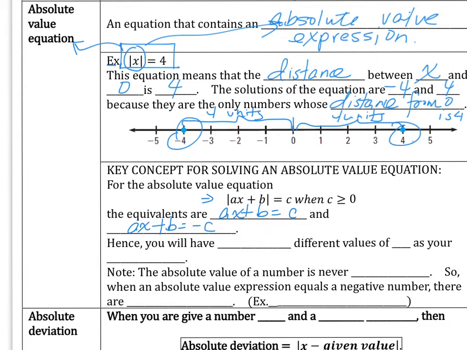And you must be wondering, why is there a negative here? That is because ax plus b can be negative, and the c here refers to this part. Hence, you will have 2 different values of x as your solution.